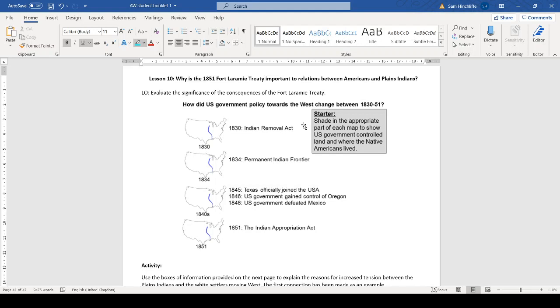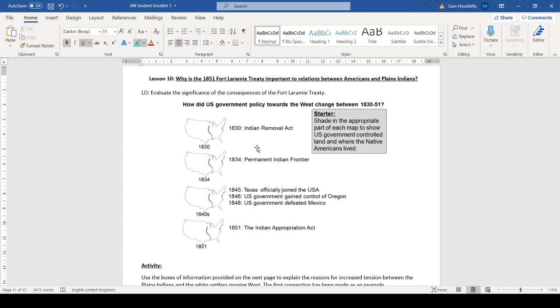So what we've got here as a quick starter is for you to go over the main events that take place from 1830 to 1851, which changed the landscape of the American West, and it tells us a lot about the attitudes and why the policy of the US government changed towards the West.